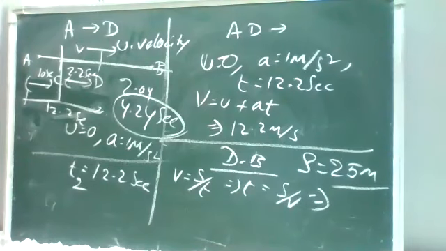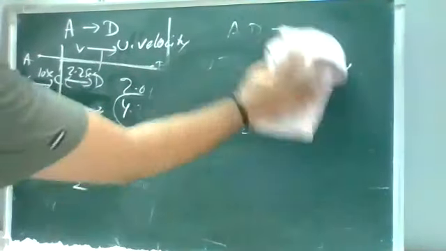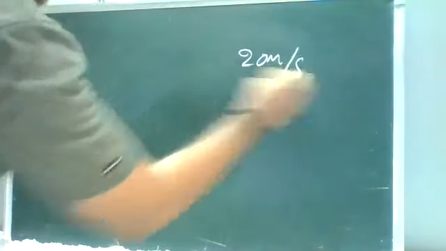A motor car starts from rest and accelerates uniformly for 10 seconds to a velocity of 20 meters per second.